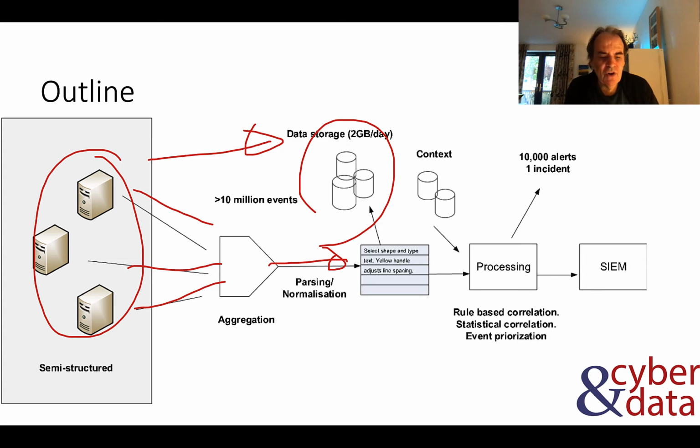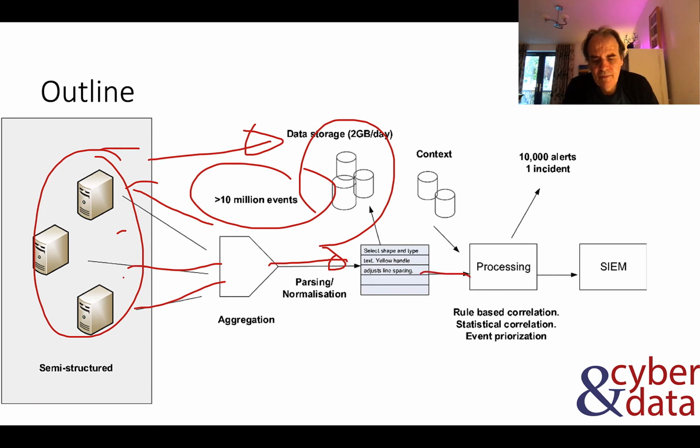Obviously, it depends on the size of the network that we have and the amount of services that we have running, but we might be gathering more than 10 million events from our networks. Good logins, bad logins, and lots of different events gathered.